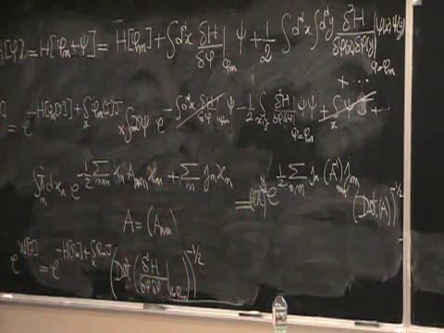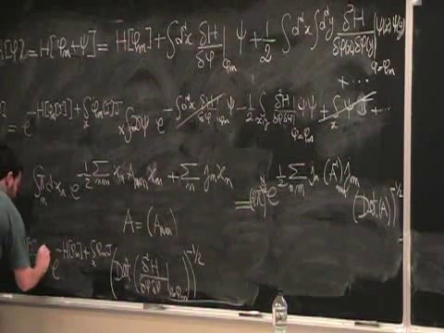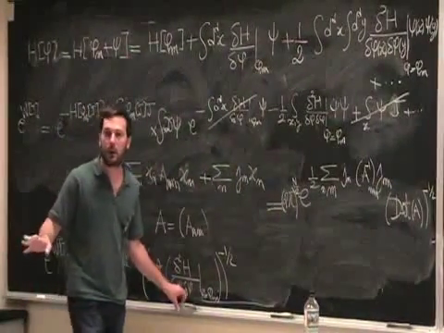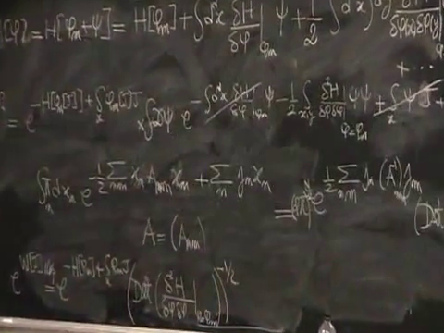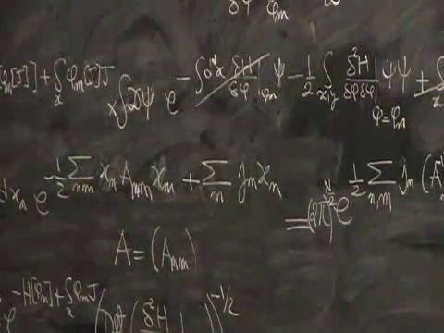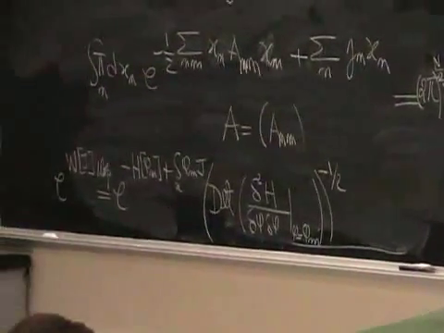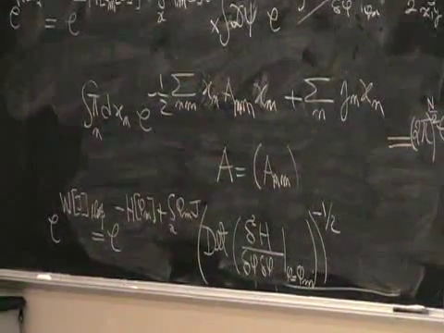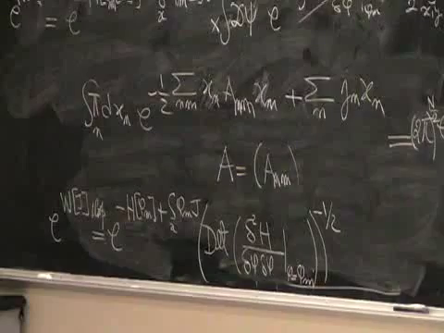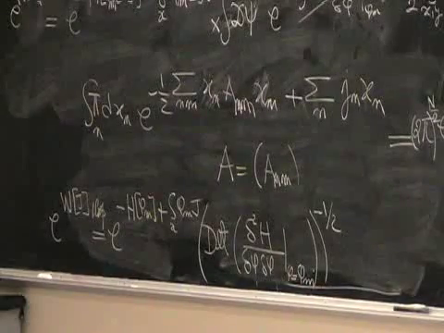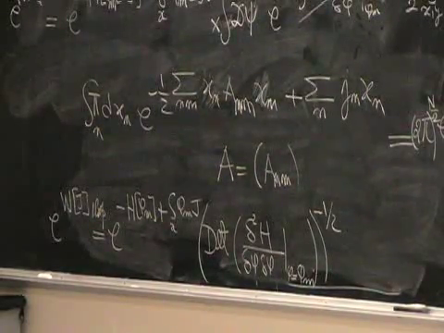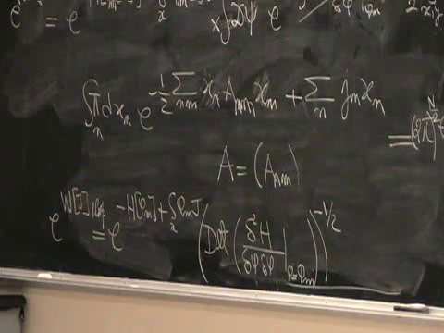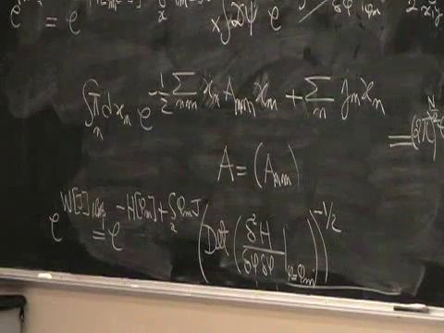Okay, this is one loop. Why do I call it one loop? Well, I will not prove that. But if you use diagrammatic techniques, these are the corrections that come to the free energy from one loop corrections. One loop in the sense of Feynman diagrams. But I will not need that. It's only for the name, because everybody calls it one loop.